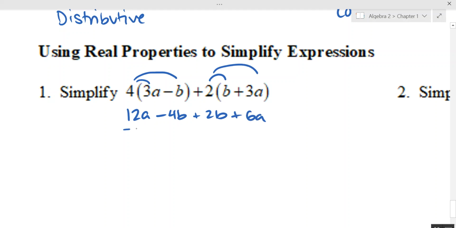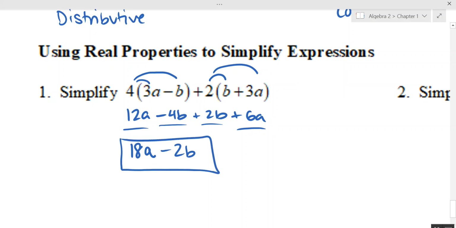I'm going to combine my like terms. I have 12 plus 6 a's. 12 plus 6 would be 18 a's. Negative 4b plus 2b is negative 2b. And there is my answer. If you wanted to factor out a 2, you could, and you could write it like that.